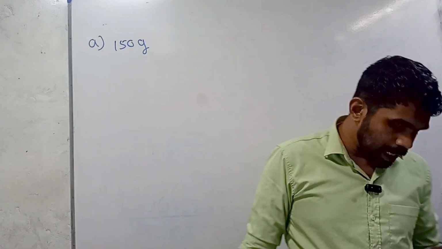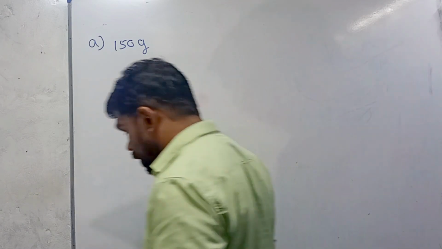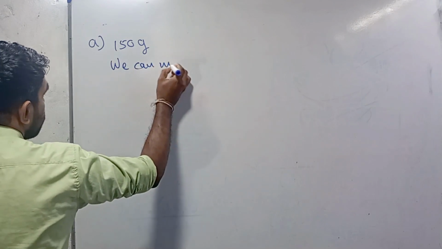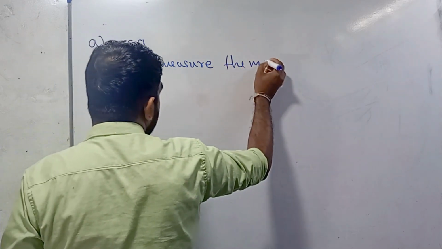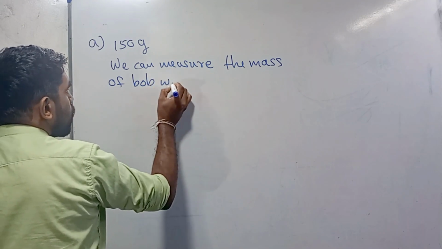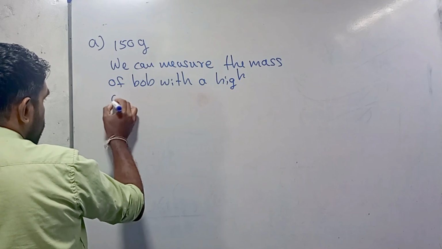Then we have to write the reason. We can measure the mass of the bob with a high accuracy.